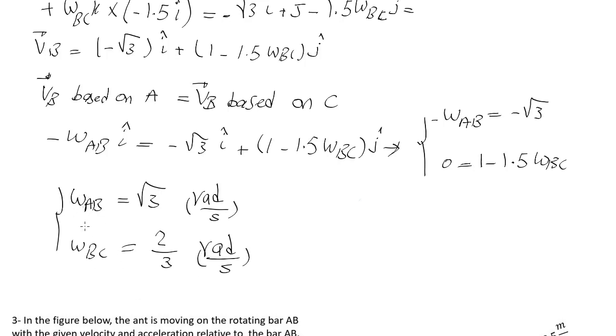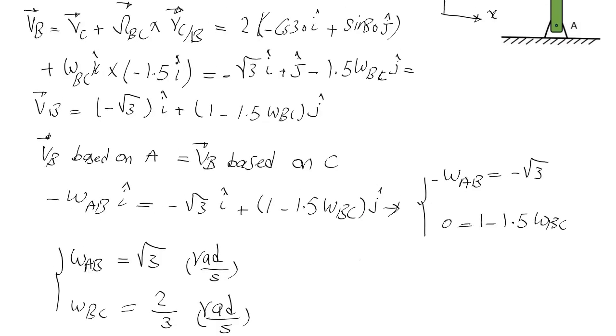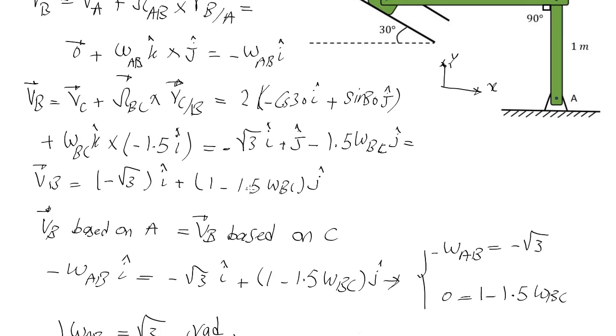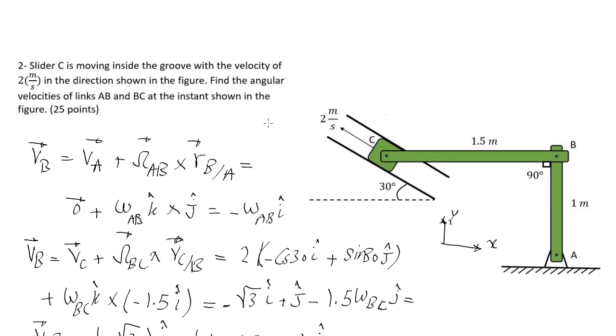And now that we have omega AB and omega BC, we can go back to our equation for VB and substitute, for example, omega BC to find the velocity of point B. But here in the question, we are only asked to find the angular velocities of link AB and BC. So that's for question 2.